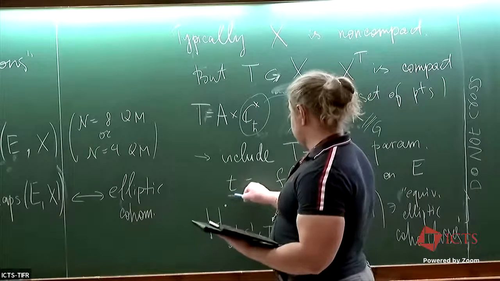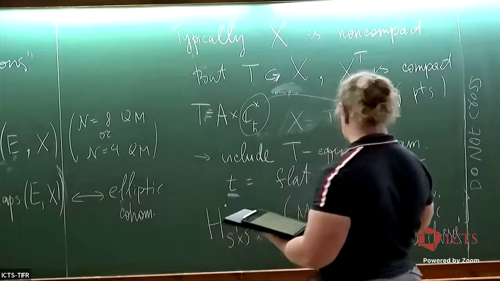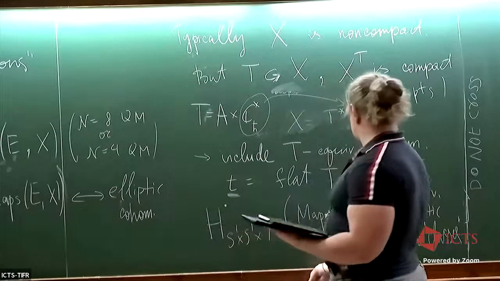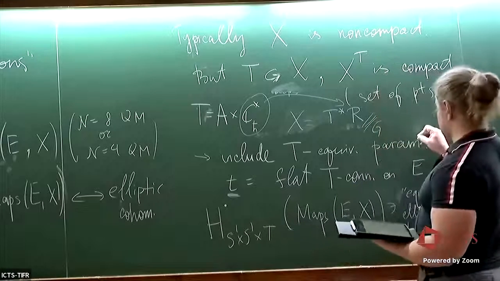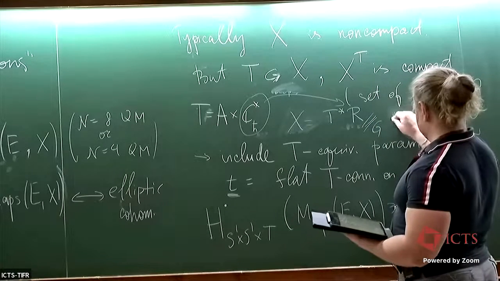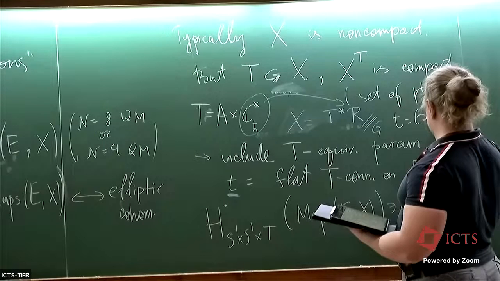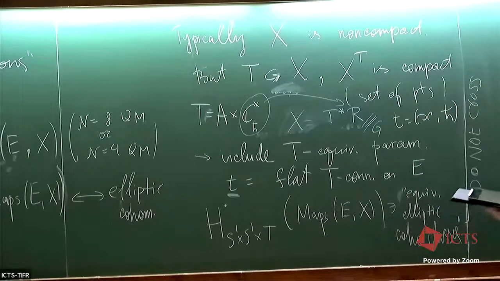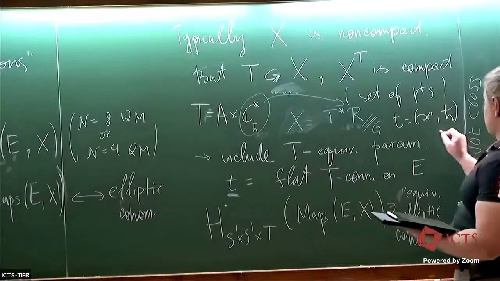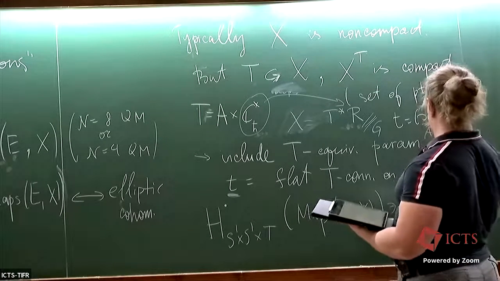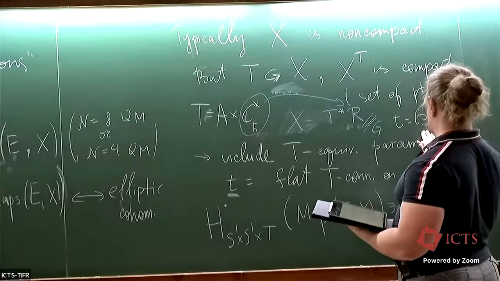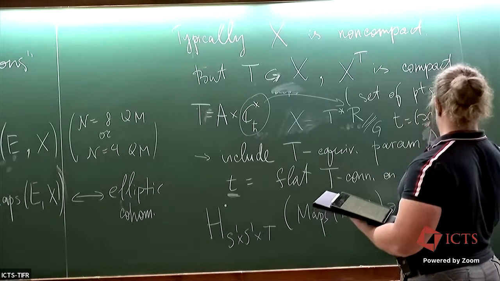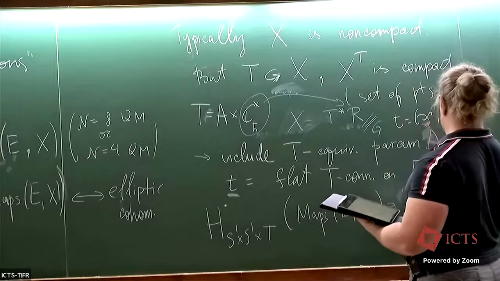Now here I introduce this equivariant parameter t, which is a flat connection for the torus capital T. It also is convenient to split T into A and H bar, where x is the equivariant parameter for the torus A, and this one is for the torus C star H bar.